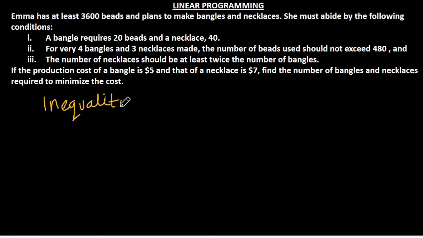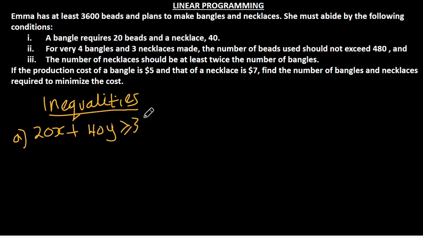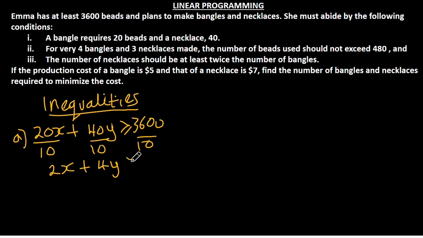We can generate three inequalities from those constraints, and the first one is 20x plus 40y, greater than or equal to 3,600. This we can simplify by dividing both sides by 10, and we get 2x plus 4y, giving us 360.